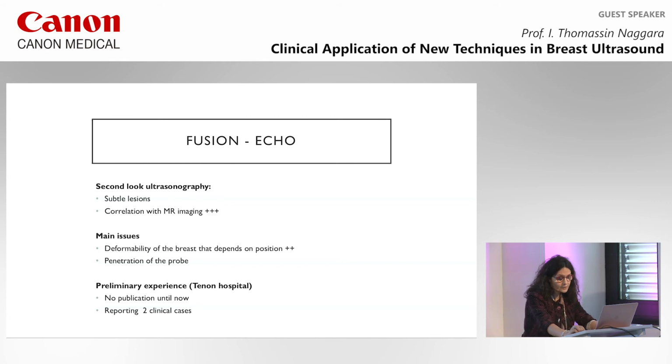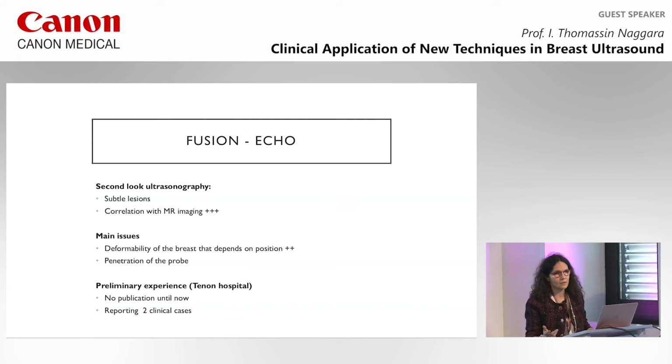So the last part is about fusion. It's a preliminary experience, and we think this technique could be useful when you perform your second look ultrasonography, because you have to detect subtle lesions, and even if the correlation is not so easy, because when you perform an MRI, the patient is in prone position, and when you perform ultrasonography, the patient is in supine position.